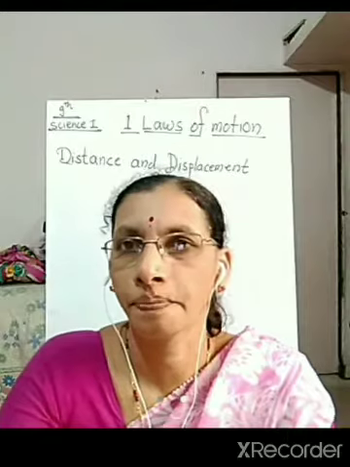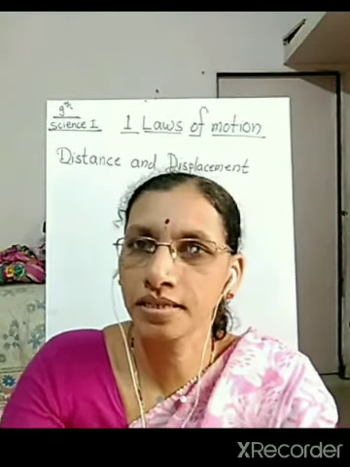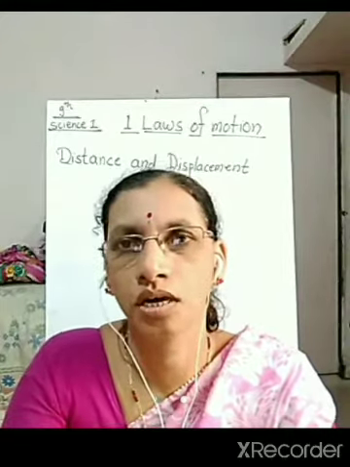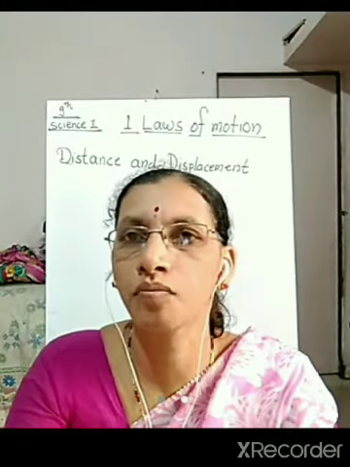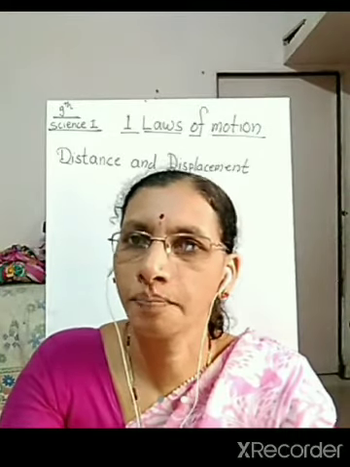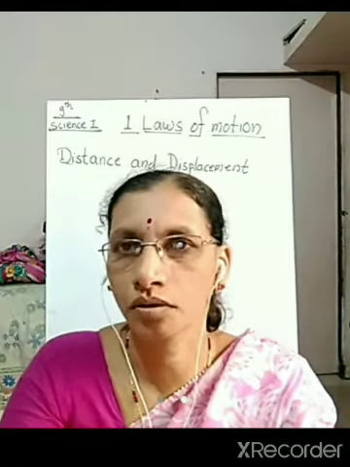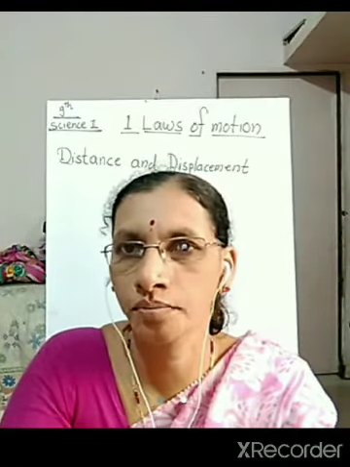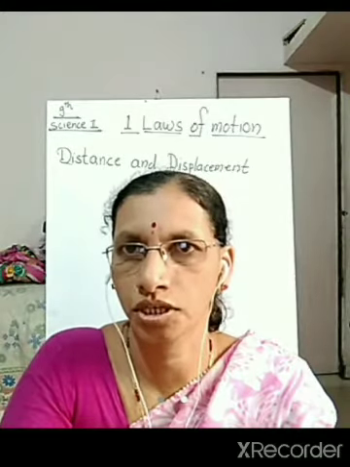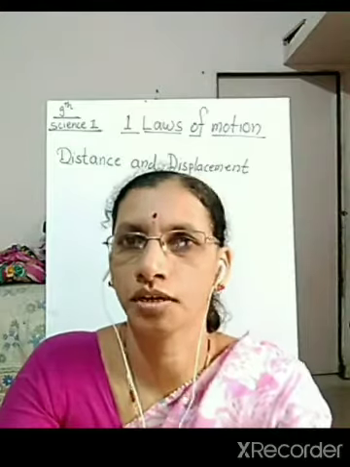For example, if we are traveling by bus, then the passengers in the bus observe that roadside trees are moving backwards. The passenger in the bus is the observer. He also observes the fellow passenger next to him. He is at rest position. He is sitting in his position.